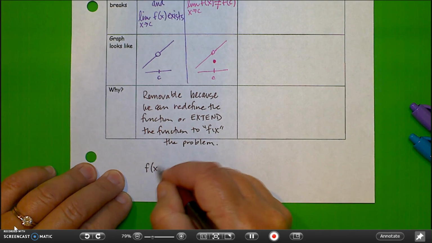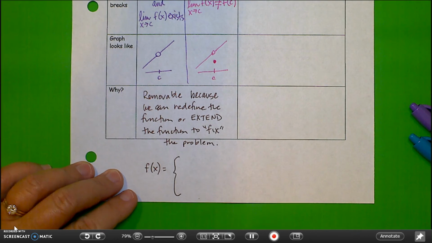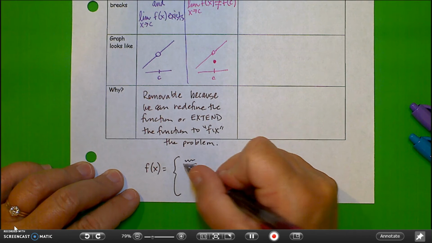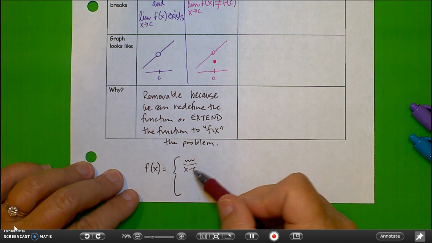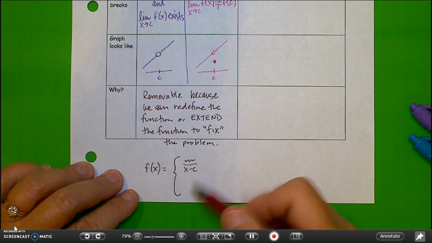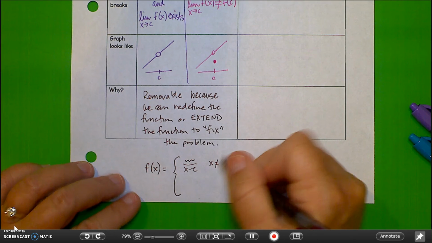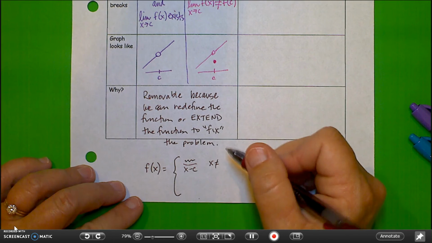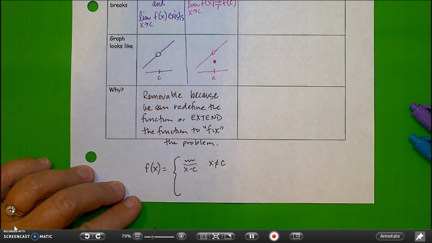So we would create a piecewise function for this. Let's say our original function was just some stuff over x minus c. Maybe we got to that point by eliminating the binomial x minus c by factoring. Anyway, x cannot equal c. We have some kind of function that creates a hole there. So what we would do, we would have that as one part of the function.